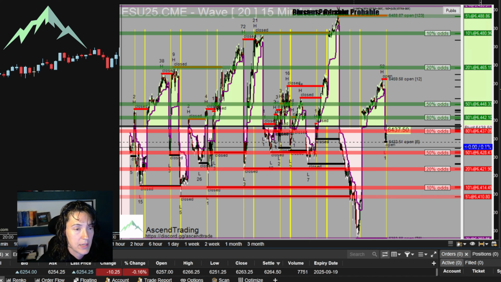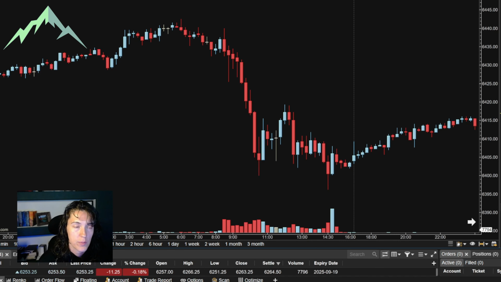Our 20-wave 15-minute was showing 64.14.45 as a 10% odds as well. Essentially, looking at these lower and midterm timeframes, I wanted to make sure that I wasn't shooting for the moon on some of these short setups. This still ended up being about 16 points short, but I wanted to make sure I got a full closure because I had a 90% chance of price bouncing at around this 64.14 or 15 area.